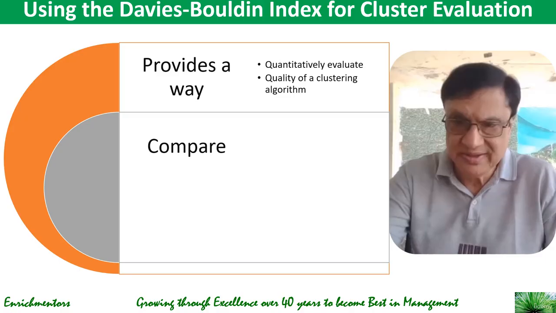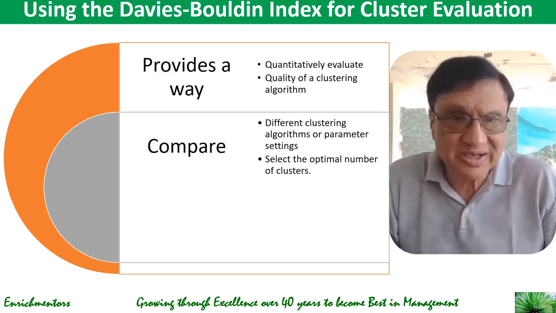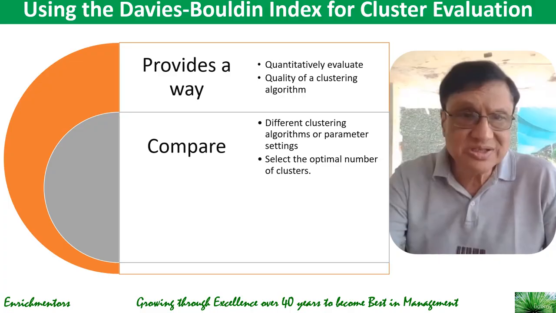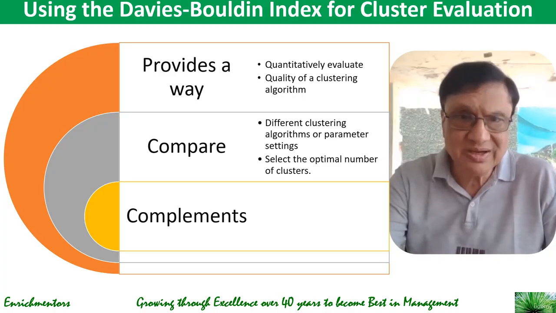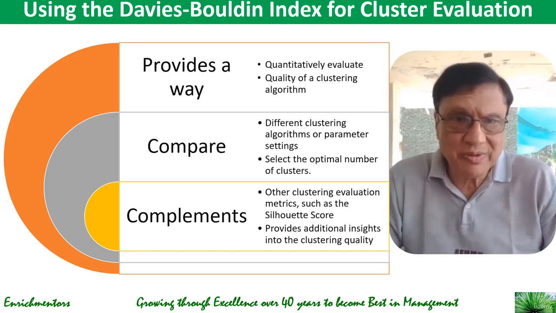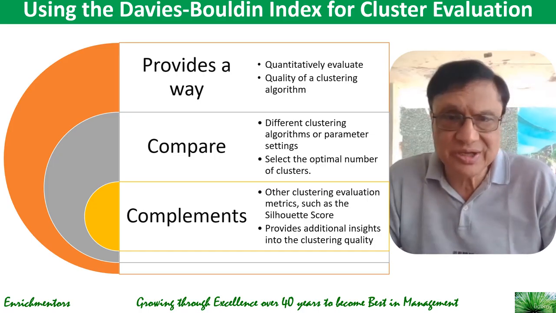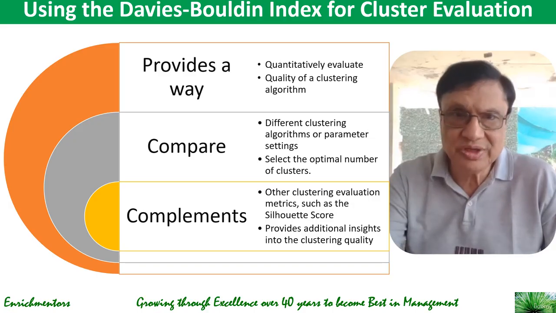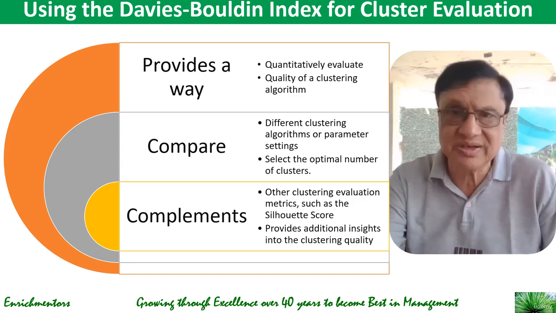The Davies-Bouldin index complements other clustering evaluation metrics such as the Silhouette score and provides additional insights into the clustering quality. That's how you can use the DBI for clustering evaluation.